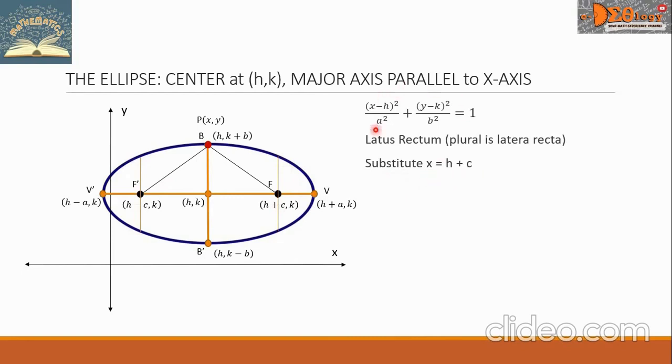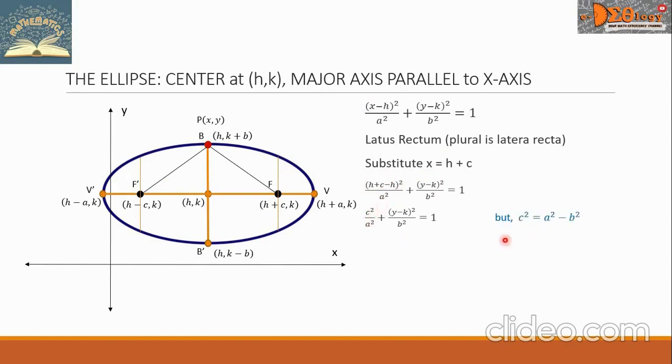So this equation here, we will write again, and then the x becomes h plus c. We can simplify the numerator here because h minus h becomes 0. So in here, only c comes down, so we have here c squared.